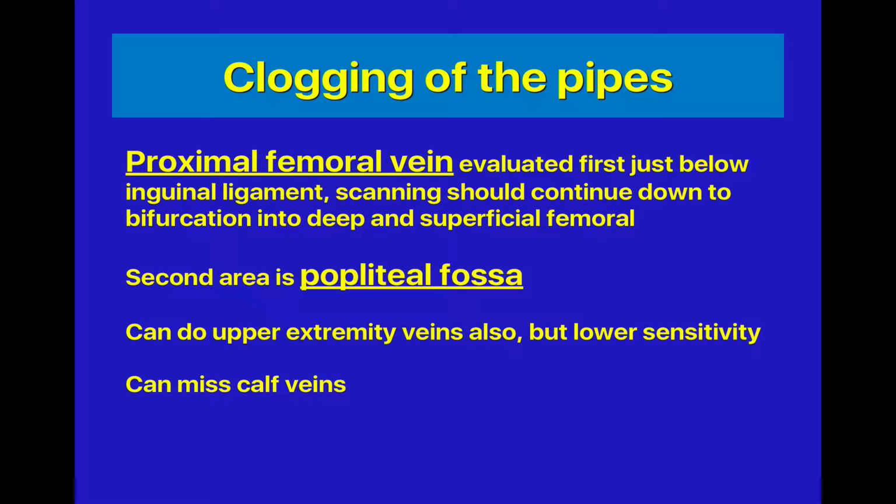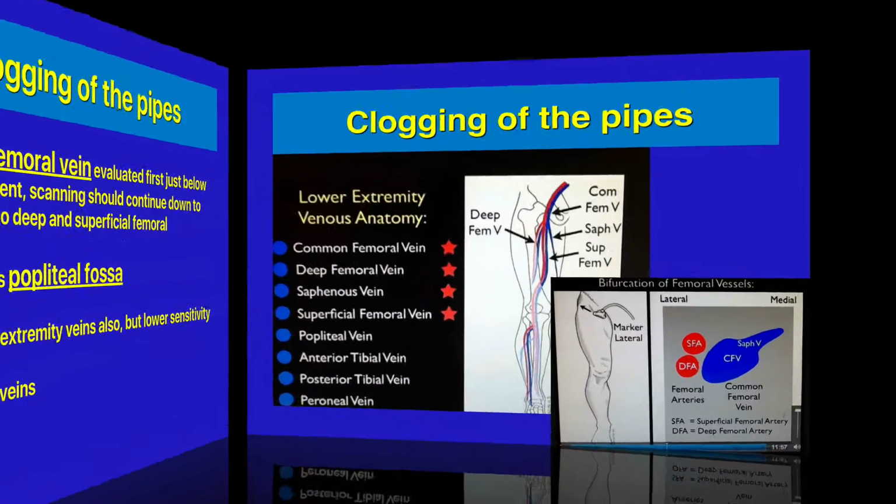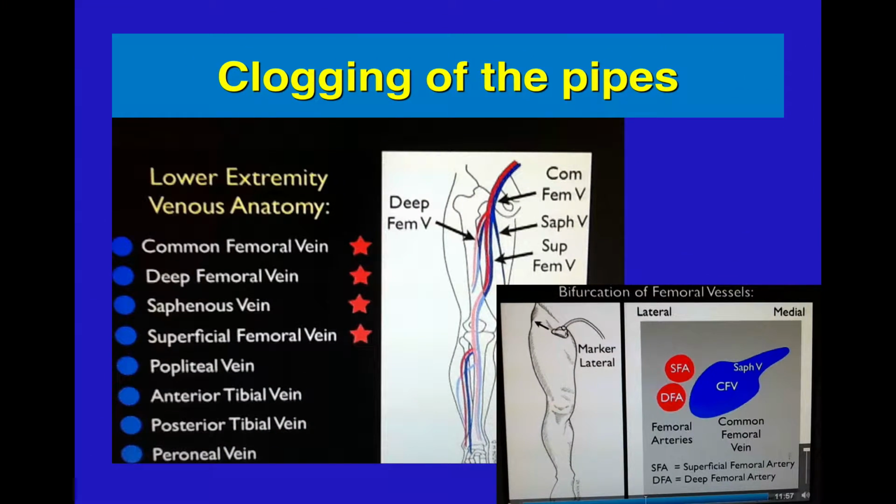You can also miss calf veins, but they're not as likely to become worrisome pulmonary embolisms. Here's an anatomy slide showing the common femoral, the deep femoral, the greater saphenous takeoff, and then the popliteal. Obviously, we're not measuring the anterior tibial or posterior tibial peroneal veins.